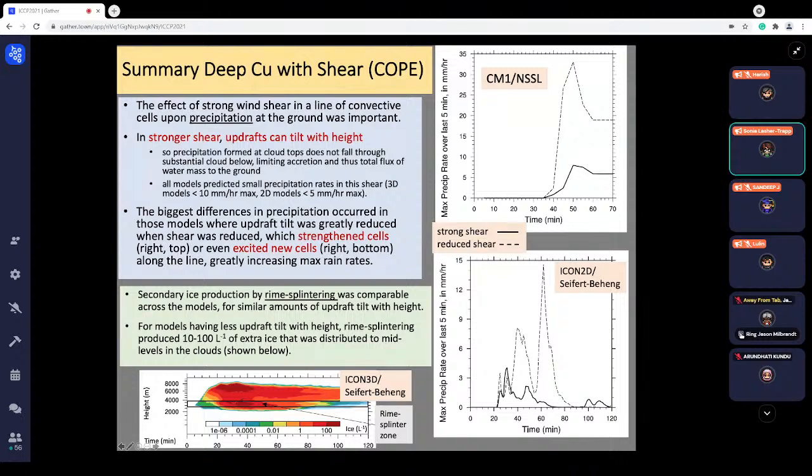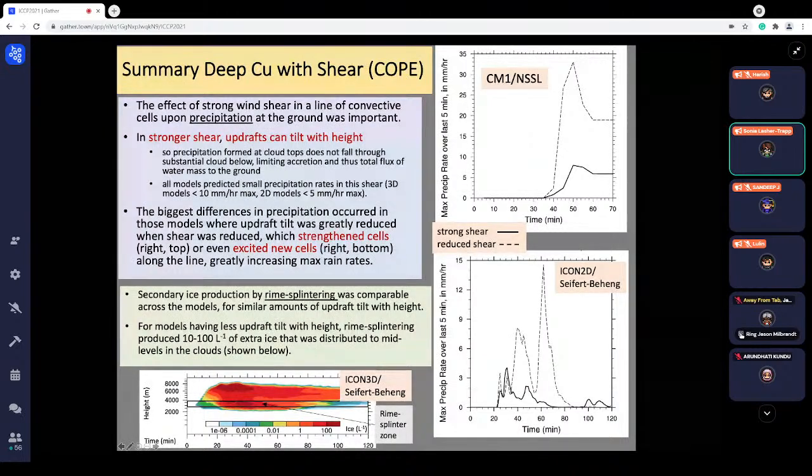When they had less updraft tilt with height, the models all predicted rime splintering in about, say, 10 to 100 per liter of extra ice distributed to mid-levels in the cloud. Shown here below in the ICON 3D example, in this black box in the rime splintering zone, we saw a lot more ice. When we turned off rime splintering, all of that goes away, as well as a significant amount in the upper part of the cloud. That was consistent in all the model runs.